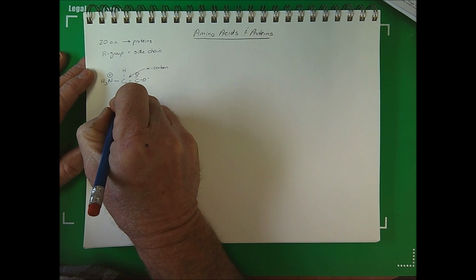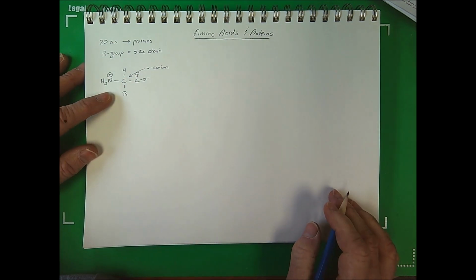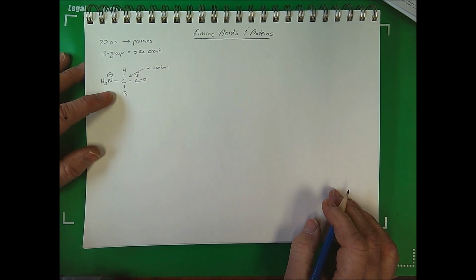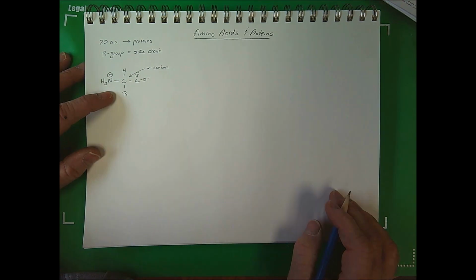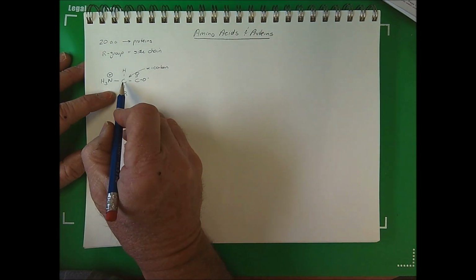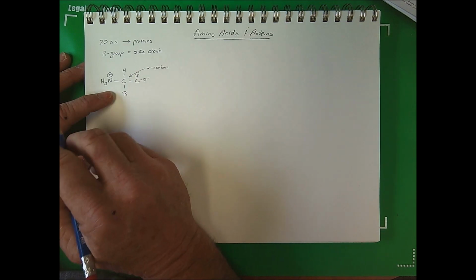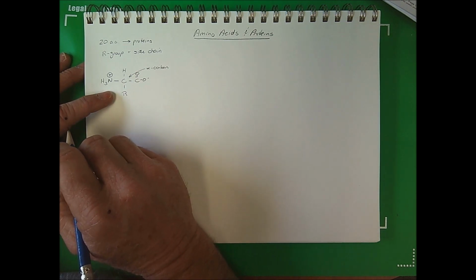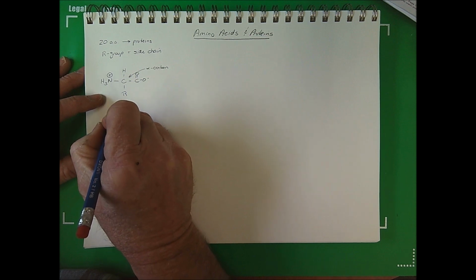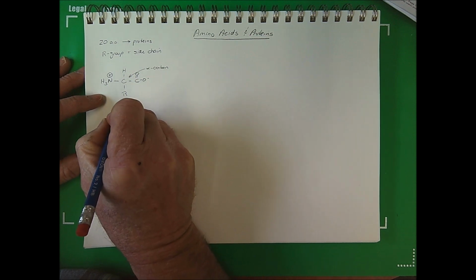And finally, the fourth bond of this carbon is the R chain, which designates the particular amino acid. Now, notice that there are 4 different groups bonded to this central alpha carbon. That means that this carbon is a chiral center.